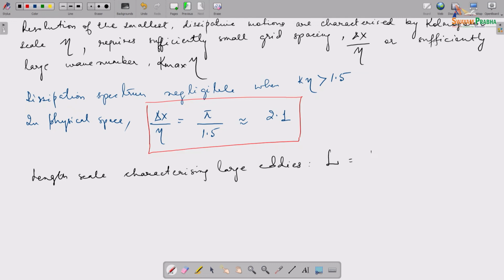which is given by this, right. So, wave number and the dissipation constant, right. Then turbulent RE, okay.